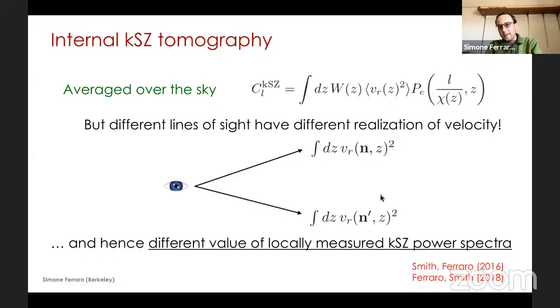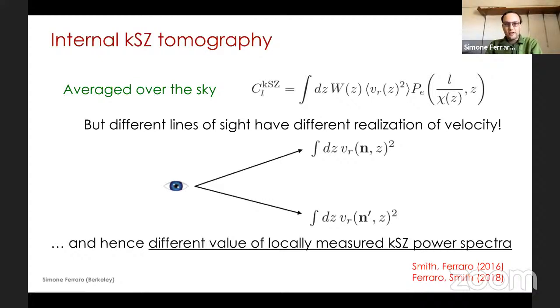If I take another line of sight, the local value of the kSZ power spectrum will be given by the realization of the velocity on this other line of sight. And since realizations of velocities differ between lines of sight, you do have fluctuations from point to point in the sky of the small scale amplitude of the kSZ.